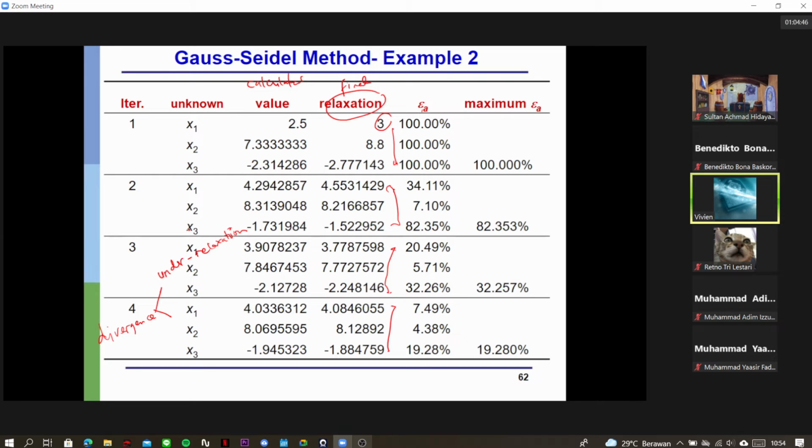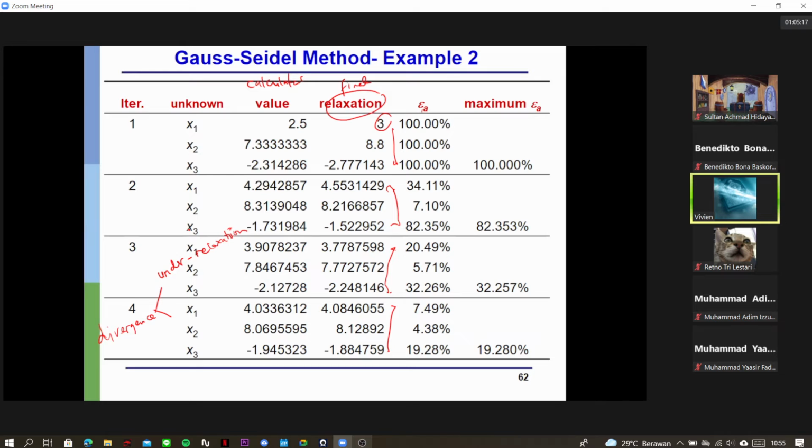Sometimes we have a singular problem, as we learned before. There are some cases in which we have equations and there will be no solution, or there will be infinite solutions. In that case, we cannot find the solution with Gaussian elimination, or even LU decomposition, or even Gauss-Seidel.